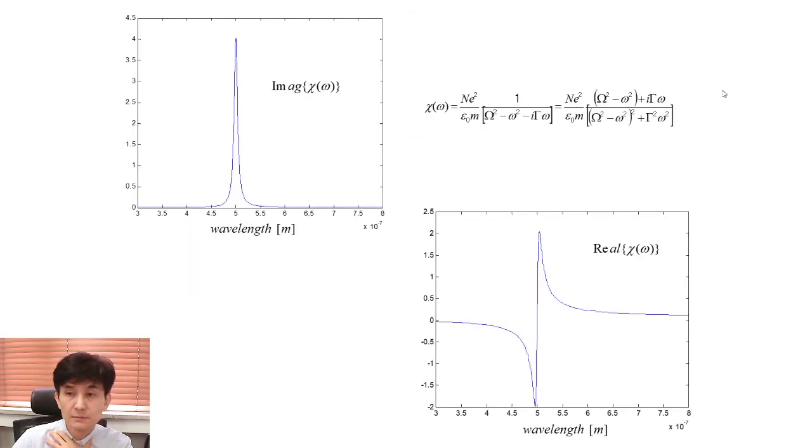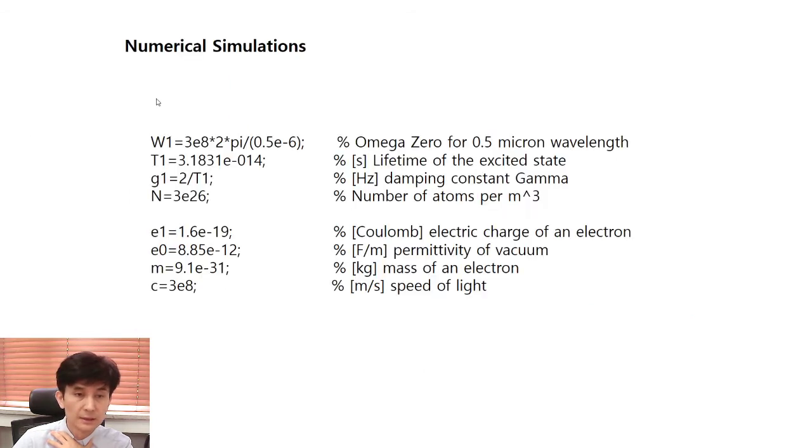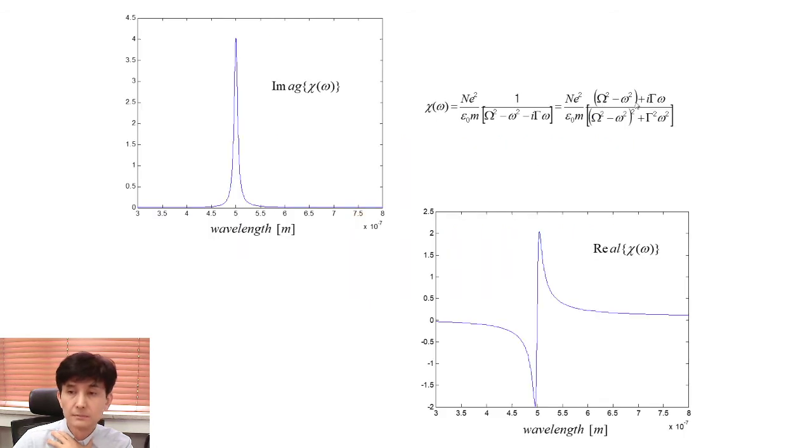Then we have the numerical expression for chi. Imaginary part is like this, and real part is like this, of this expression with all the numbers of the medium, and E, epsilon 0, M, capital N and so on.